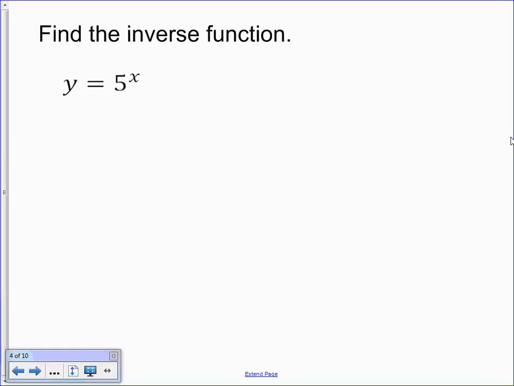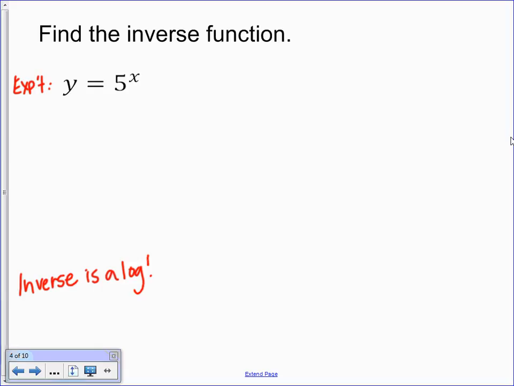It is exponential. So I'm just going to make a note off to the side. This function is exponential, which means later on, when I find my inverse, it must be the opposite of an exponential function, which is a logarithmic function.